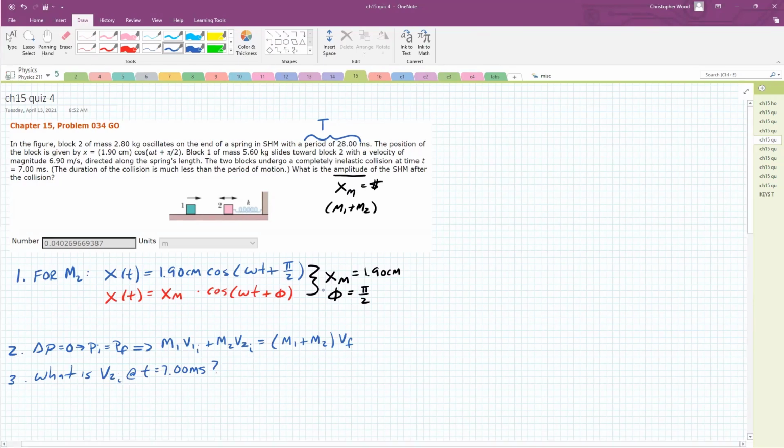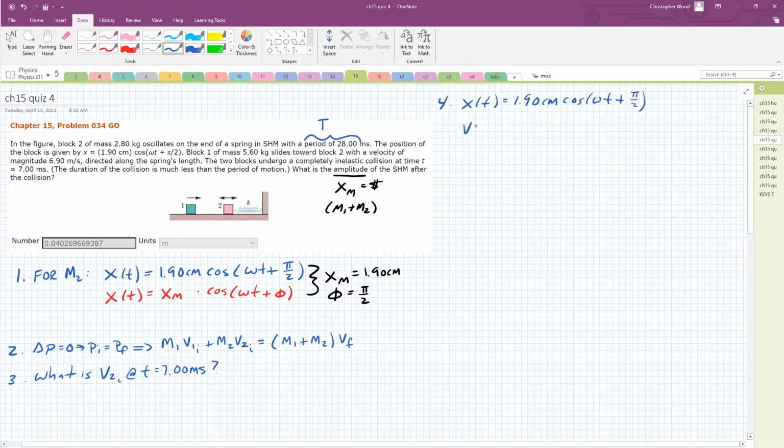At 7 milliseconds, number 4. Here's my displacement function: x equals 1.90 centimeters times cosine of omega t plus pi over 2.